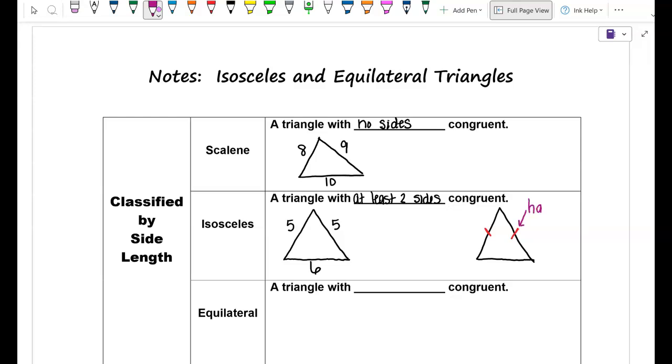So it's called a hash mark or tick marks. They are used on diagrams to show congruency.